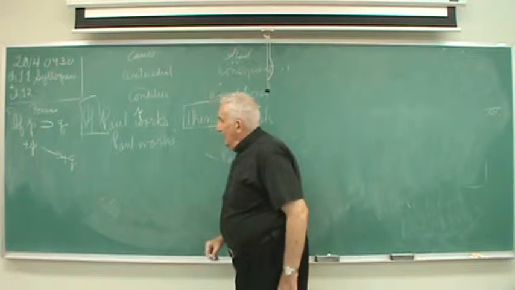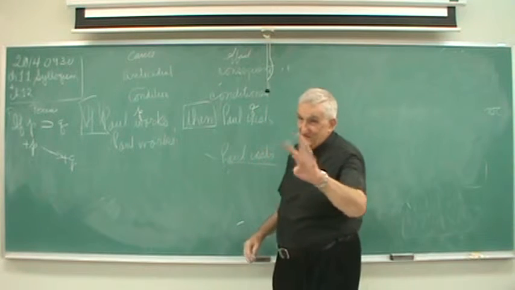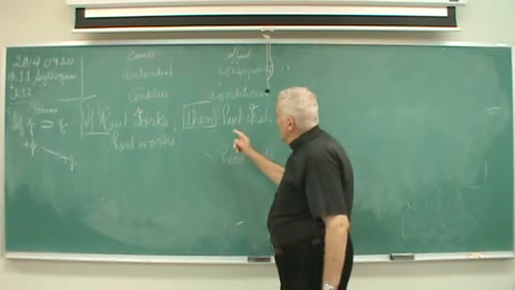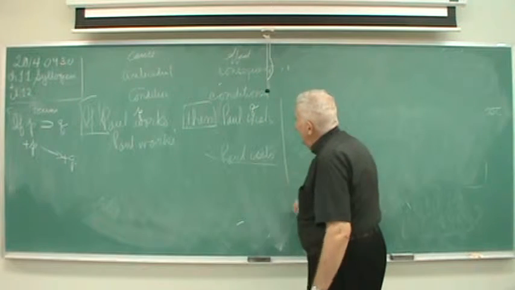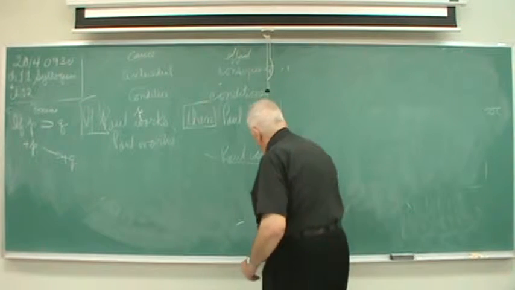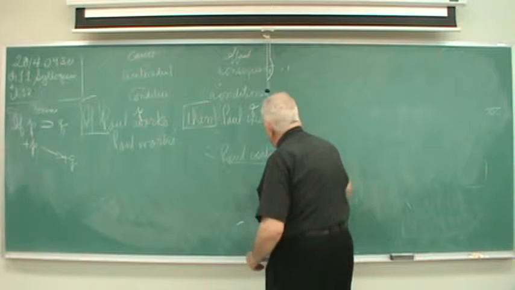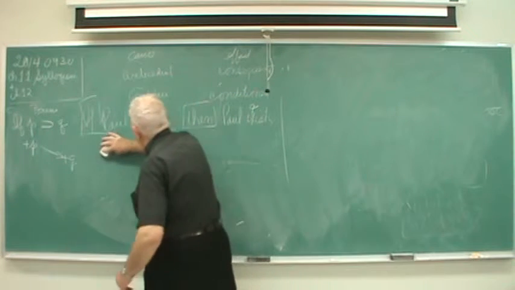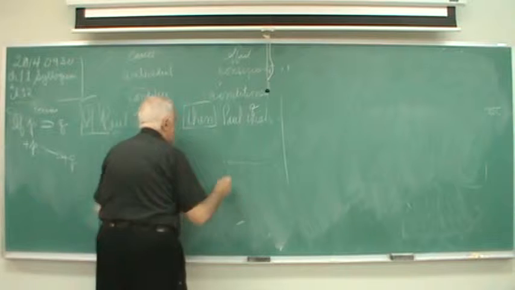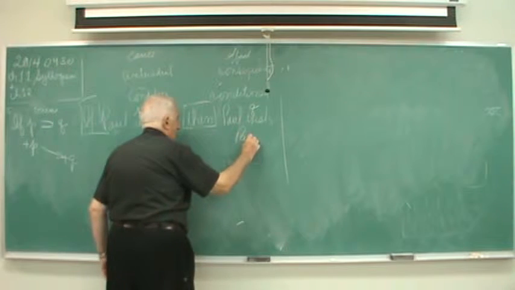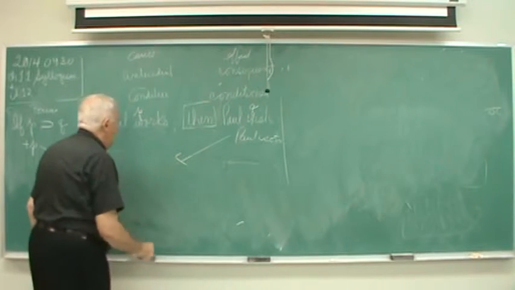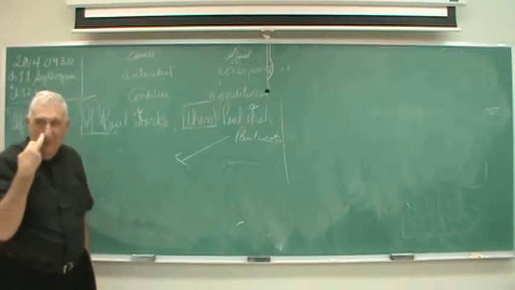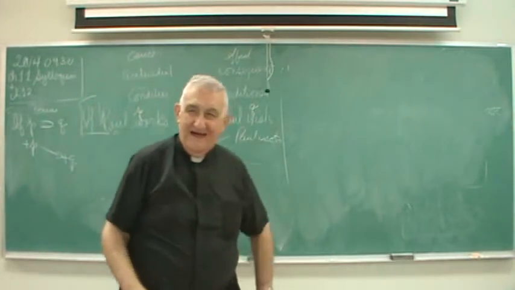Okay? Now, there are four possibilities, no? Paul works, then he exists. Paul works. Okay. I can say also, if Paul works, then he exists, but he exists. Paul exists. Therefore, Paul works? He could work.